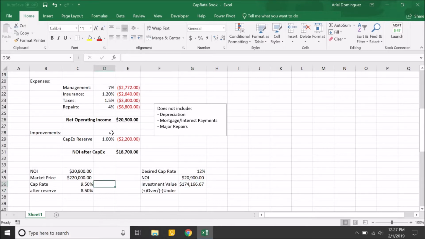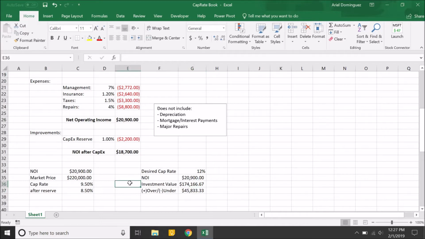So in this case, this property is overvalued according to your estimates, and we can go ahead and put the market price minus your investment value. And if it's positive, you have a $45,000 overvalued property in your opinion or in your evaluation.